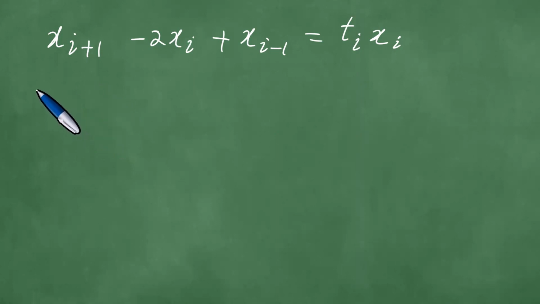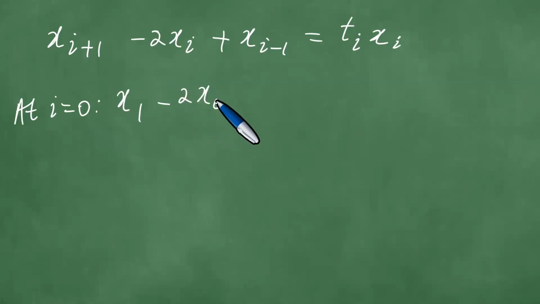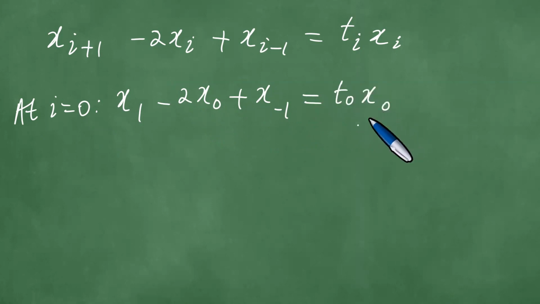For example, when i equals 0, this is going to be x1 minus 2x0 plus x at -1, which equals t0 x0. We have a t0, which is 1.